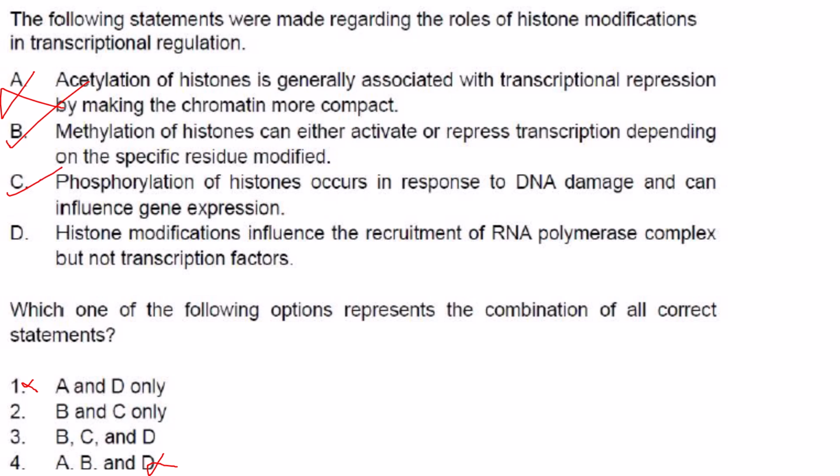Then, histone modification influences the recruitment of RNA polymerase complex, but not transcription factors. That is not correct, because histone modification influences both the recruitment of RNA polymerase as well as transcription factors. So D is not correct. So B, C is the answer.